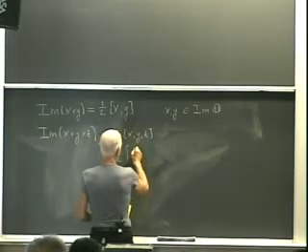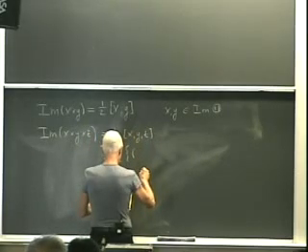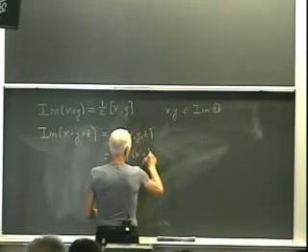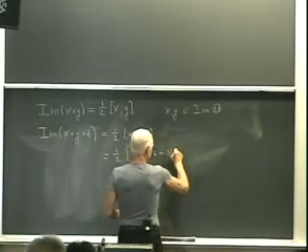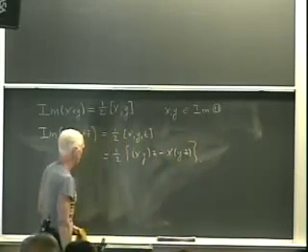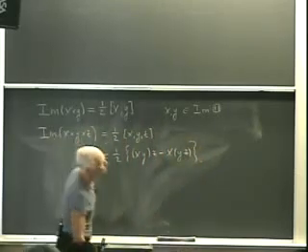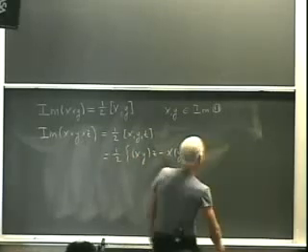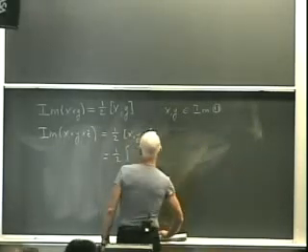So what's the associator? Which way does it go? It's like (xy)z minus x(yz). I may have this wrong. It's either that or the opposite way around. It's the opposite way around, x(yz) minus (xy)z.